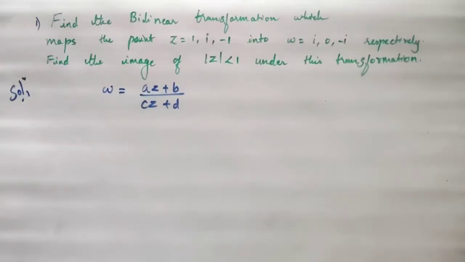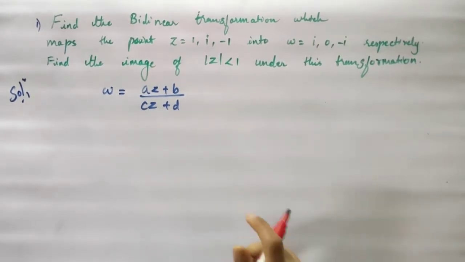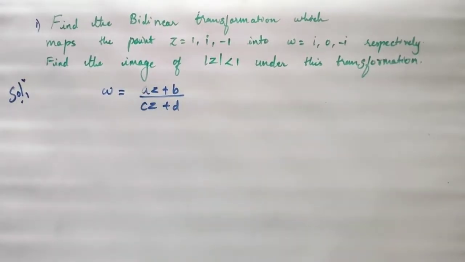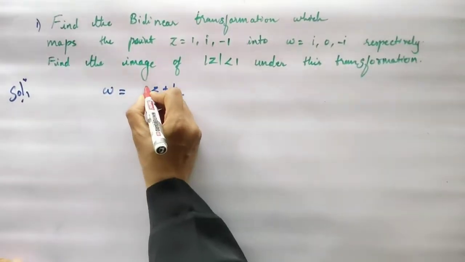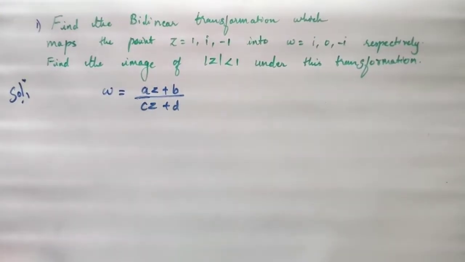To work for them, we take the given values and substitute the values of z and w in this standard transformation. So let us do the same now.